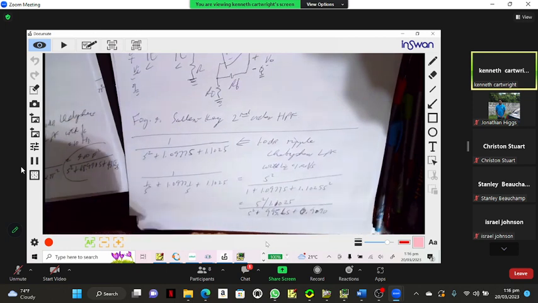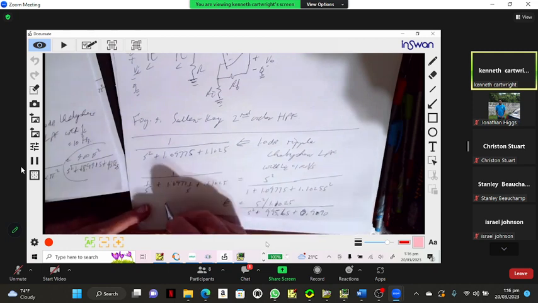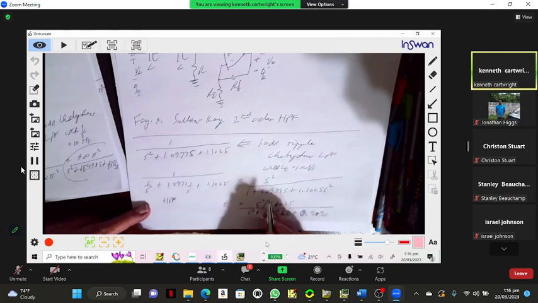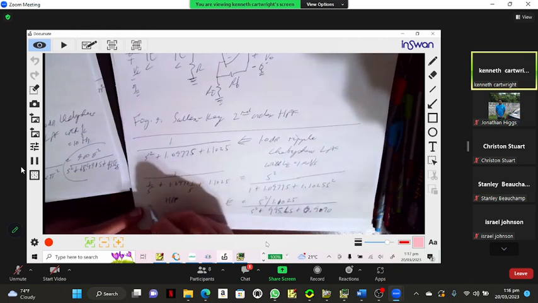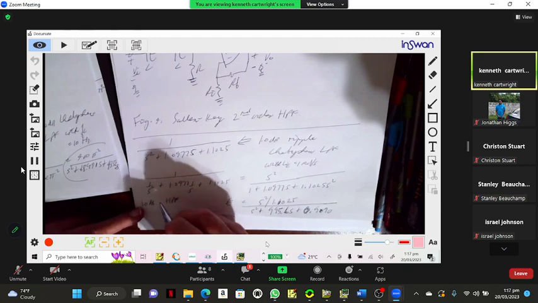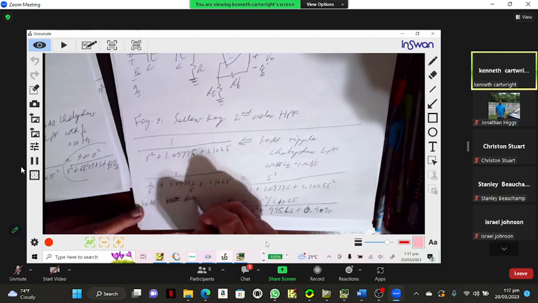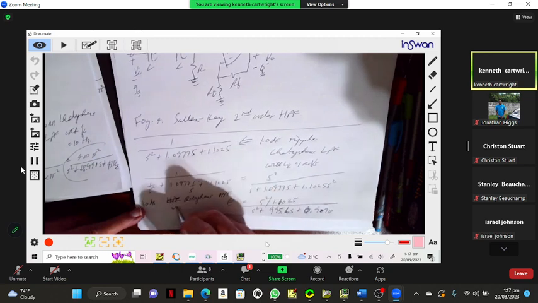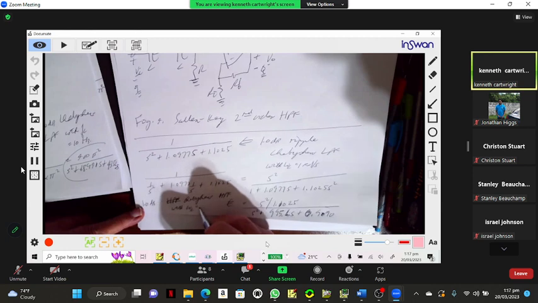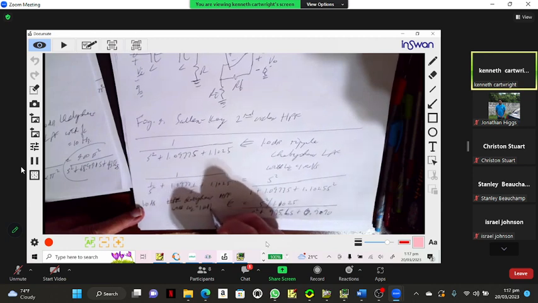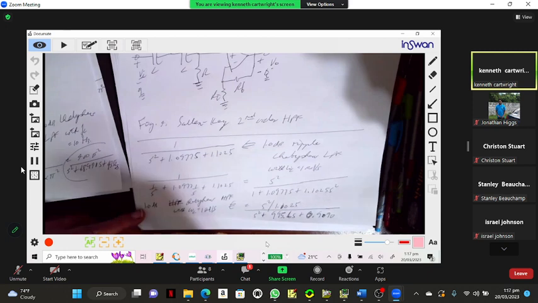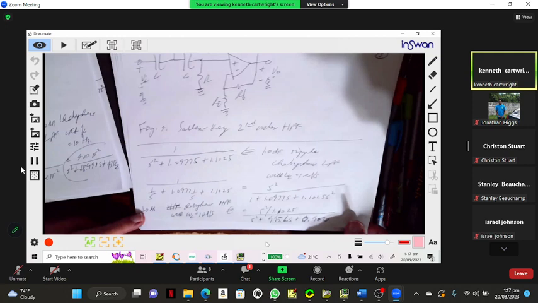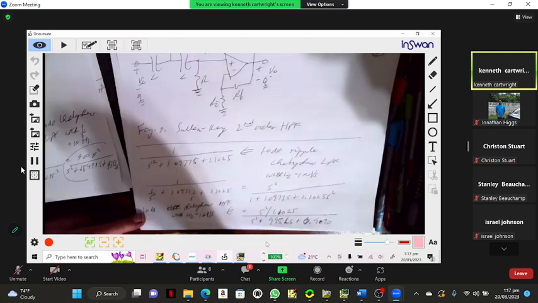Okay. That would be the transfer function of the 1 dB Chebyshev high pass filter with omega C equals 1 rad per second. And if we wanted another cutoff frequency, where we see S, we replace it by S divided by omega C.